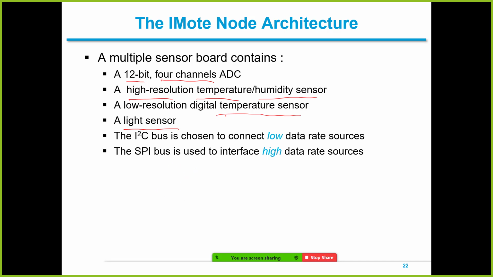Usually for a wireless sensor node, the default sensors will be temperature sensor, light sensor, and humidity sensor. So usually it will be one or all of these three.